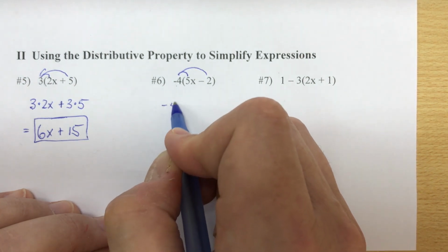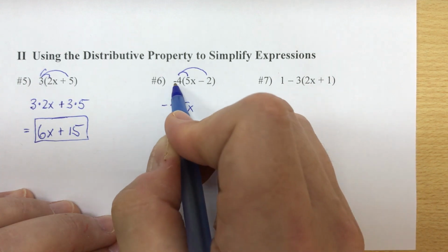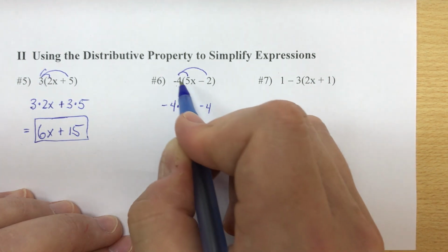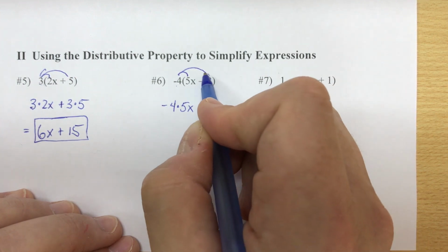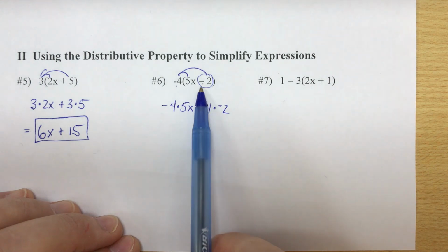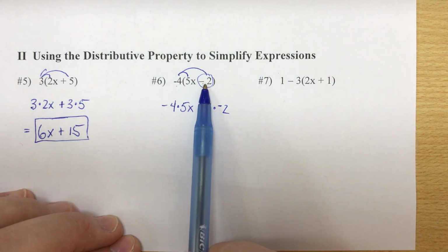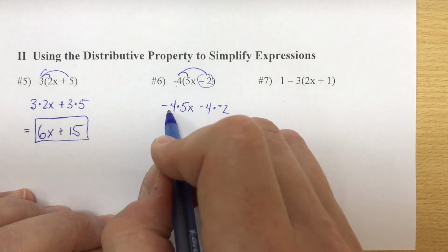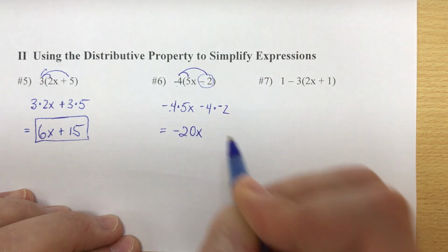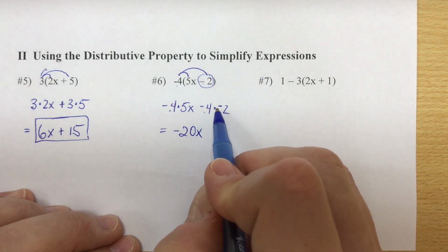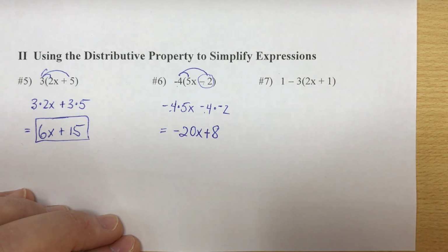Negative 4 multiplies 5x, and then negative 4 multiplies, and that is a negative 2. I'm going to circle that just to remind myself that is a negative times a negative. So what happens here, negative 4 times 5x is negative 20x, but negative times negative becomes positive 8.